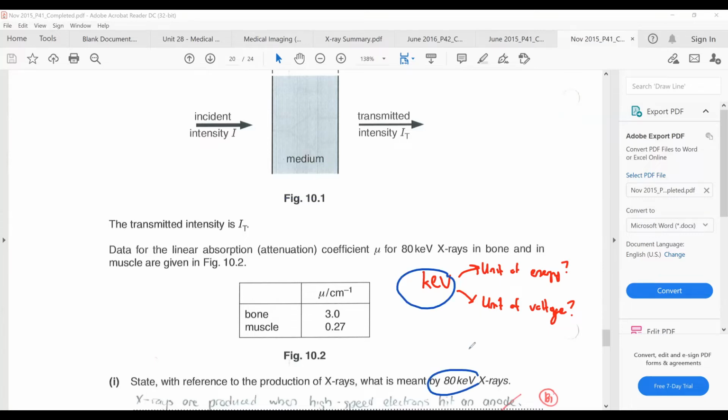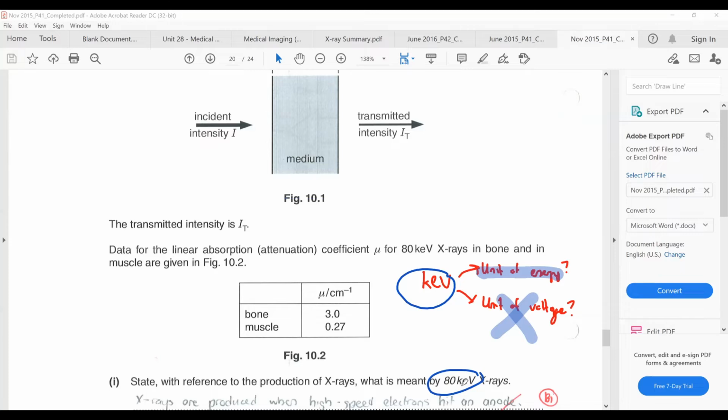So when you hear this term here, 80 keV, the keV here, you will automatically relate it to energy. Okay, don't relate it to voltage. Okay, so with reference to the production of X-rays, what is meant by 80 keV X-ray?